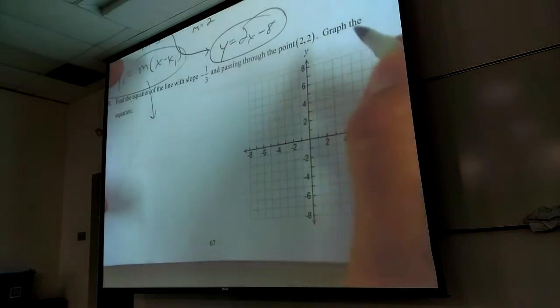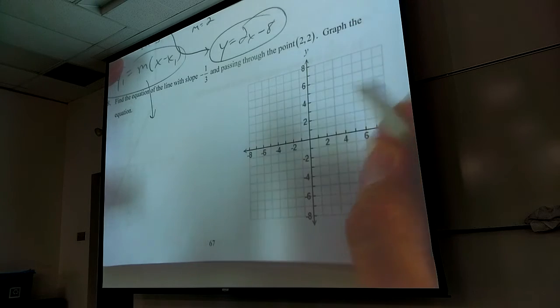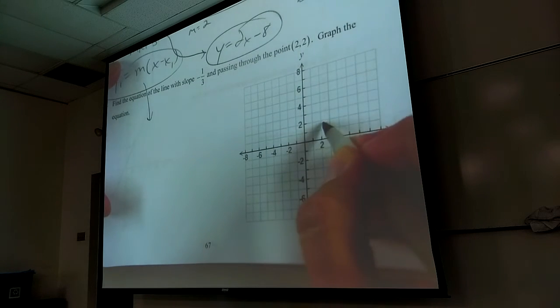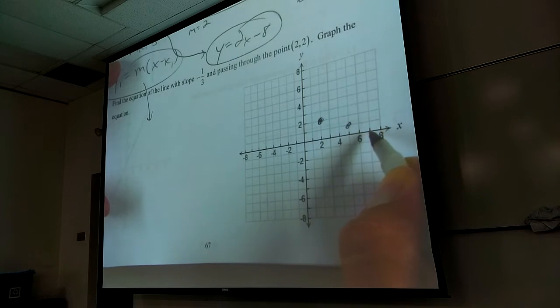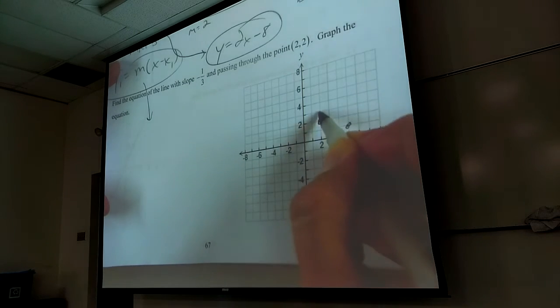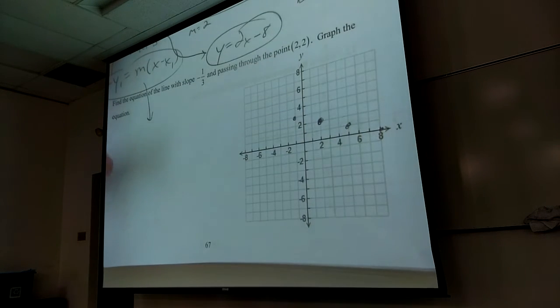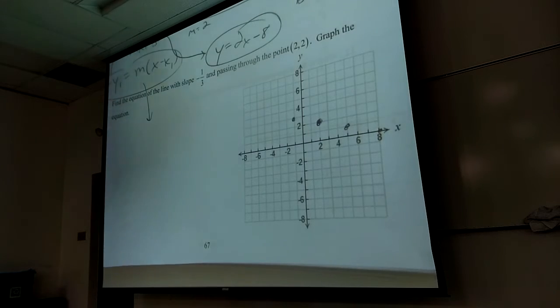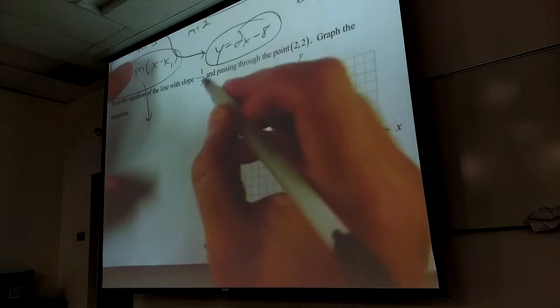All right, now real quick, how do I graph this without even doing the equation? Where do I start? 2, 2. So I know that point is on the line. And what's the slope tell me to do? Down 1 over 3. Or I could go up 1, back 3. You guys cool with that? Why is it down 1 over 3 instead of down 1 back 3?